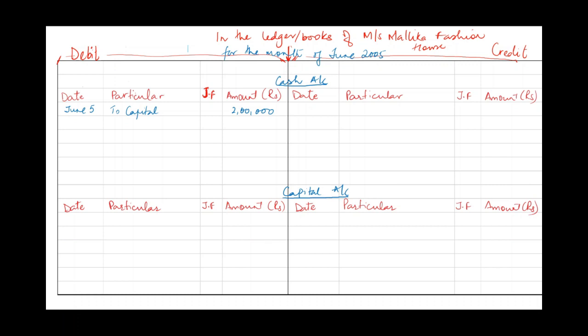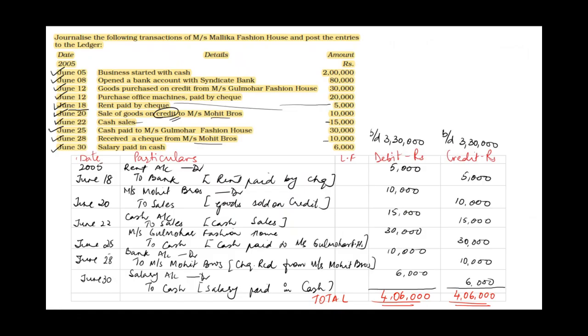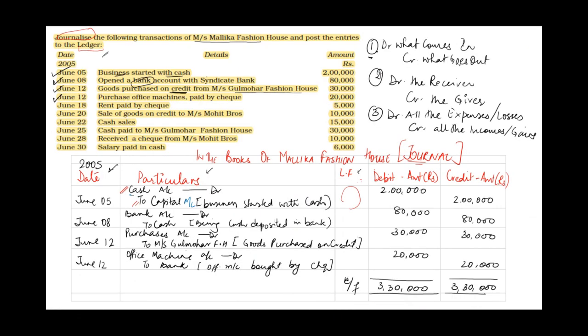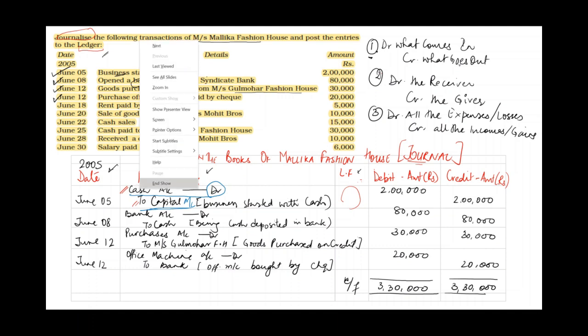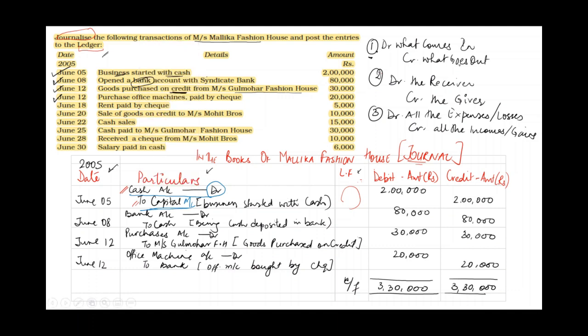And what am I crediting? I'm crediting my capital. Because guys, you see here, cash account I have to debit and I have to credit capital, to capital. You can see it goes in credit column. So when I debit my cash, I will write the name of capital. And when in my capital account, I'll write the name of cash. So it is opposites, okay, because that's how it's affecting.